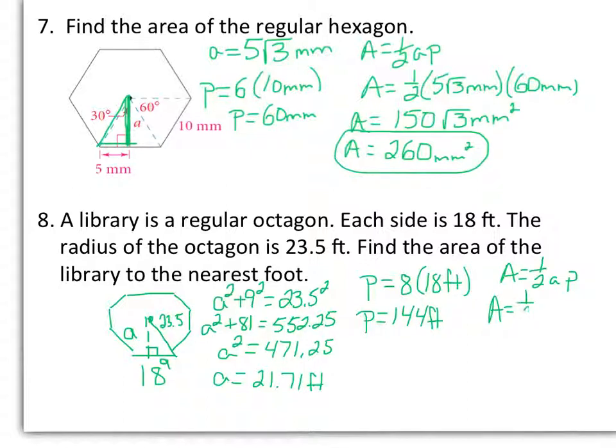So area will be 1/2 times 21.71 feet times 144 feet. So our area to the nearest foot is 1,563 feet squared.